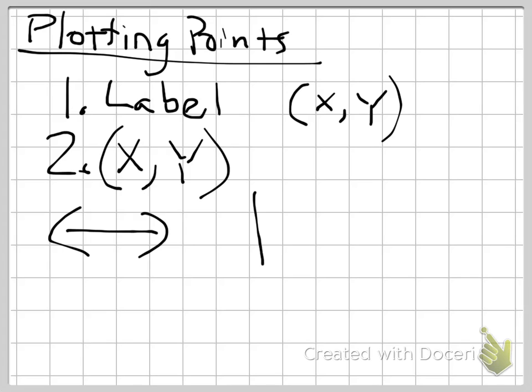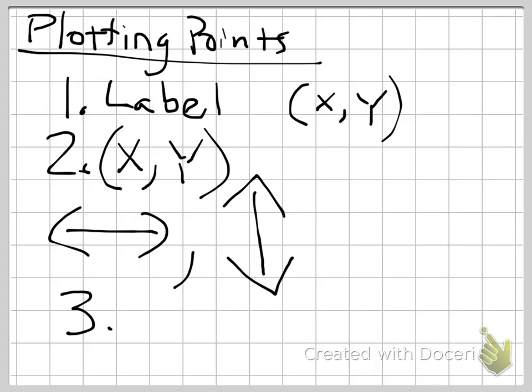Our Y coordinate is always going to go up and down. It's really important that we don't forget which one comes first. The most common mistake that I see is people go up and down first for Y and then do X. Our order matters, and we always have to go left or right first and then up or down.